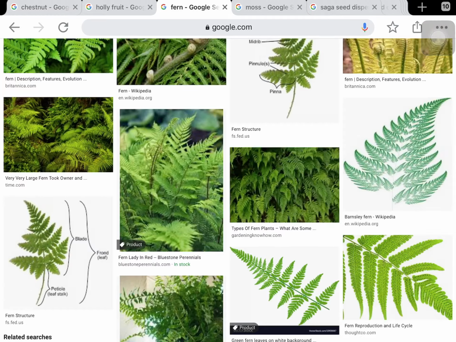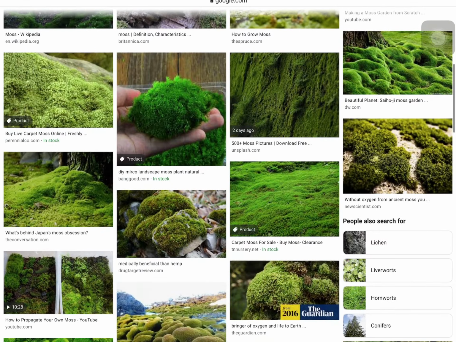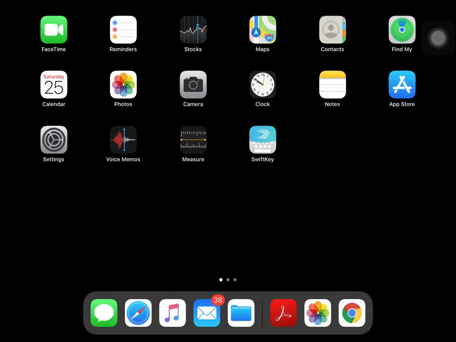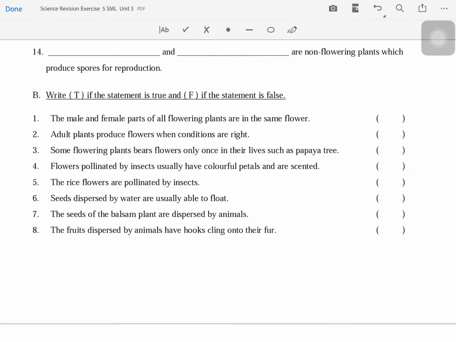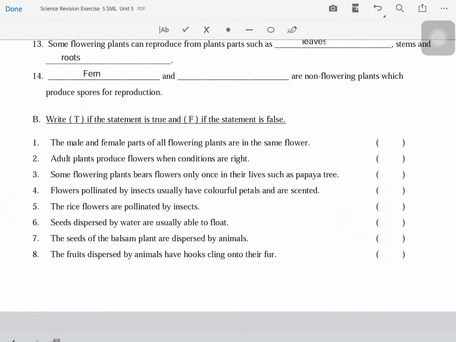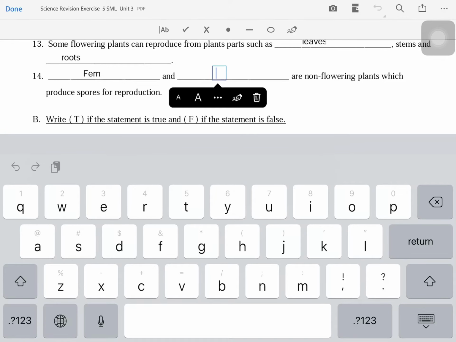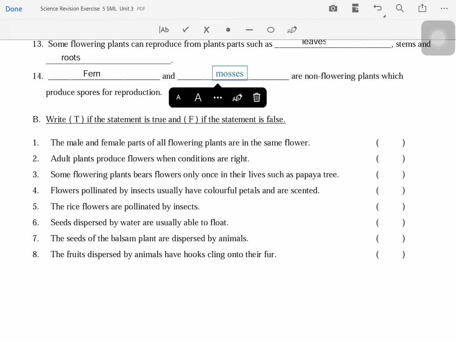Besides fern, there is also moss. Okay, moss also reproduce spores in order to reproduce. All right. So the answer is fern and spores. And what do you call it? Moss. Okay, you call it mosses because a lot.